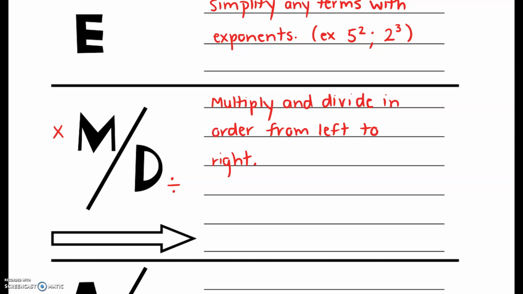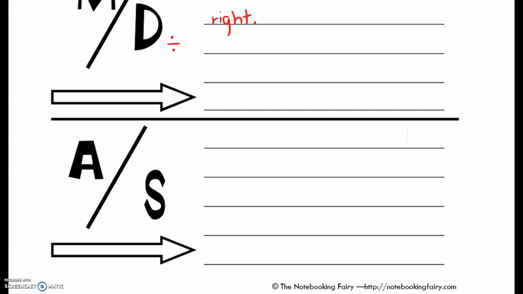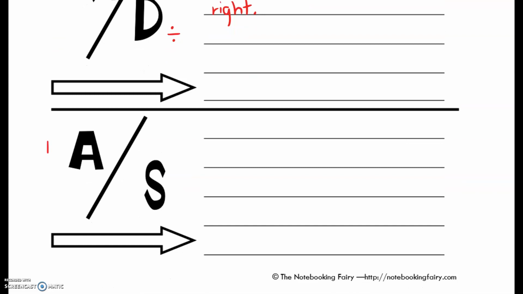division. After we have simplified all the multiplying and dividing pieces in the expression, we will then either add or subtract whatever terms we have left. So that would be a very similar process. We will add or subtract at the same time from left to right.